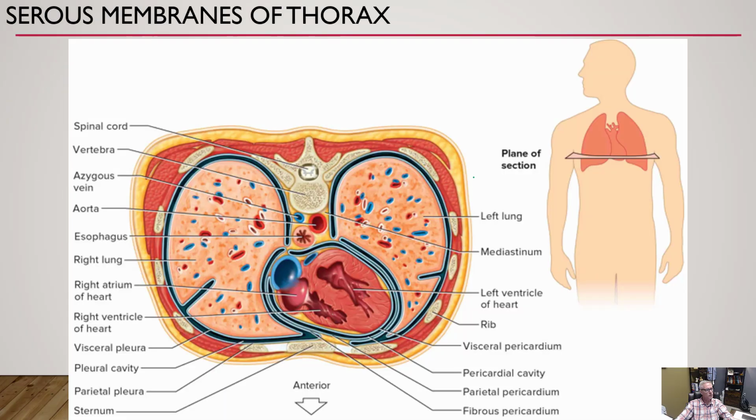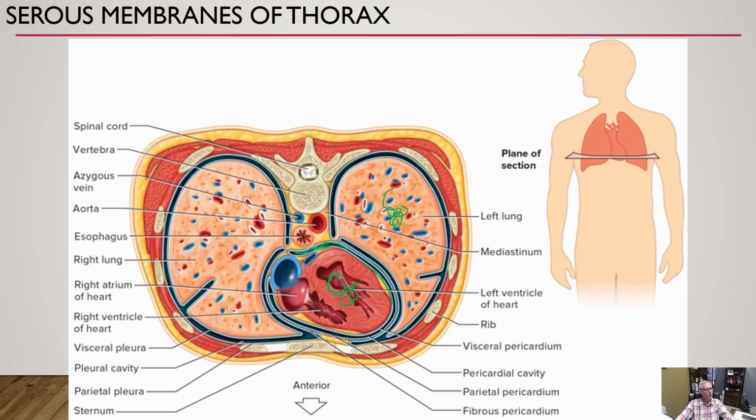All right, so here I just want to show you, this is our heart right here. This right here would be our visceral pericardium. Then we'd have our parietal pericardium, and the black stuff would be our serous fluid to reduce friction. This is our lungs.